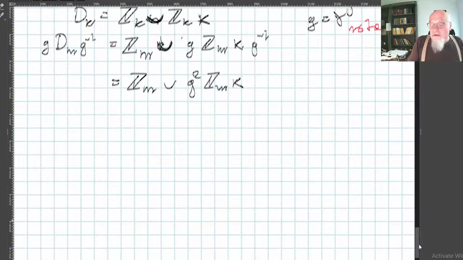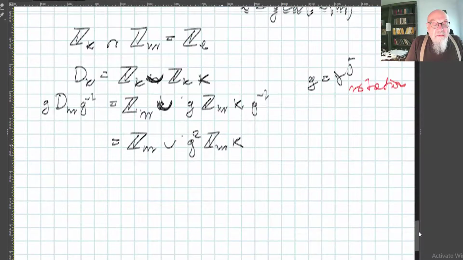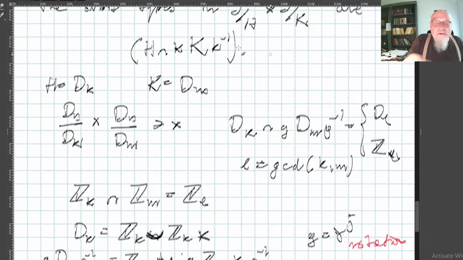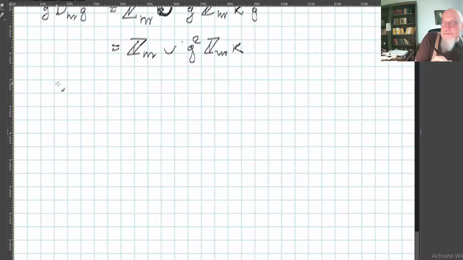So we have here the possibility that either you will be getting the same location of ZM, or you will be getting the location which is not intersecting ZN. So that means in this case we obtain that indeed we have here these particular orbit types.